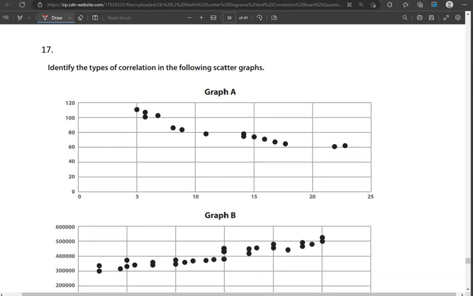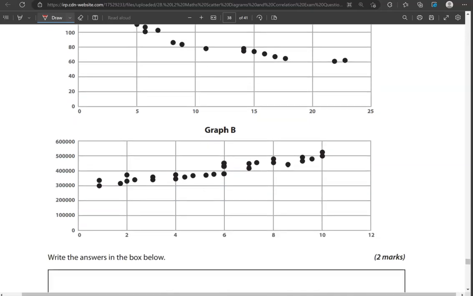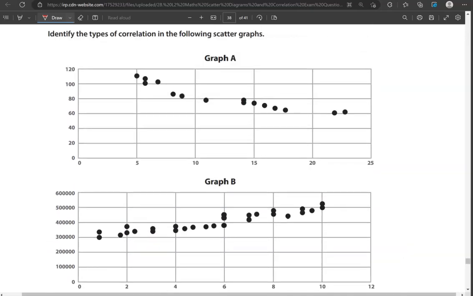Identify the types of correlation in the following scatter graphs. We've got 2 of them, A and B. A, as you can see, the line of best fit goes downwards. It's a negative correlation. So when the values of one of the variables go up, they go down for the other one.